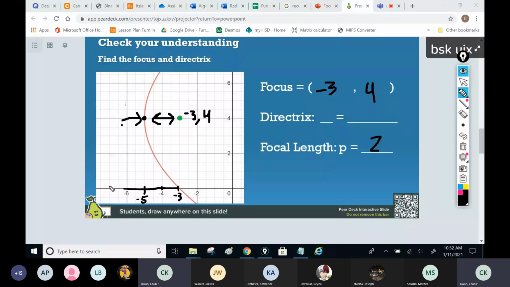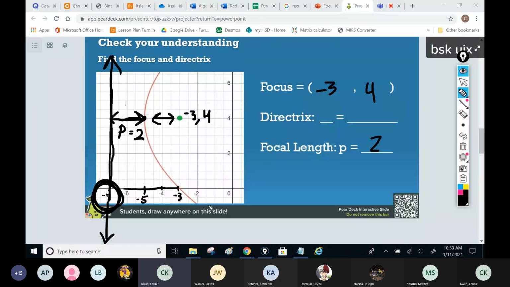So that means the directrix should be right here. This is the directrix. So this is 2 units away from the vertex, right? So all right, so -7 is what we need.